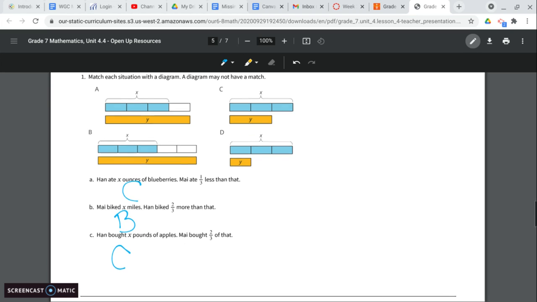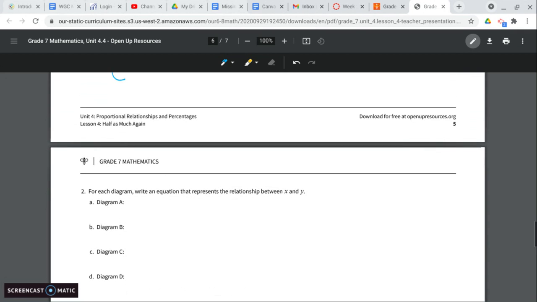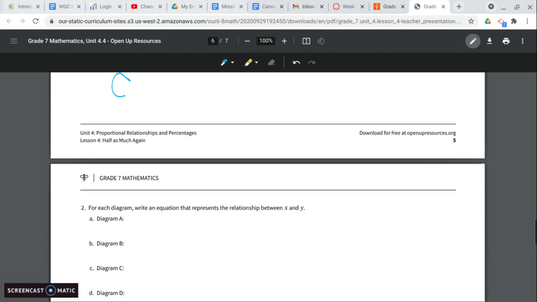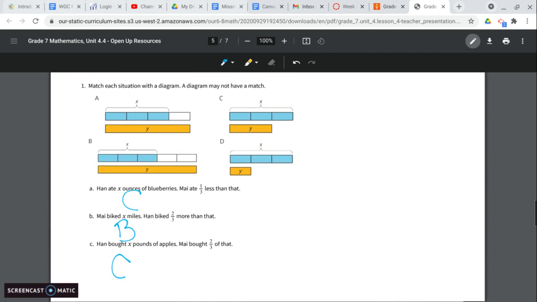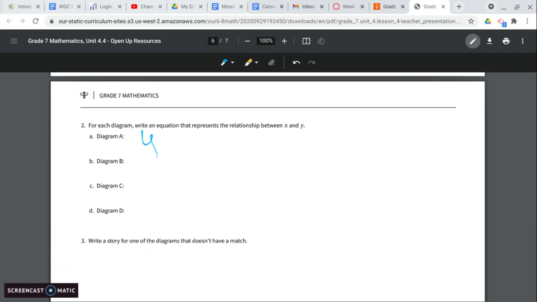All right, for number 2, for each diagram, we want to write an equation that represents the relationship between x and y. So for diagram A, if we look at this, we've got this in thirds plus 1 more. So y equals 4/3 x.